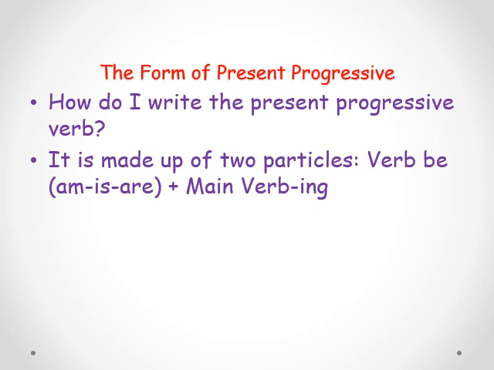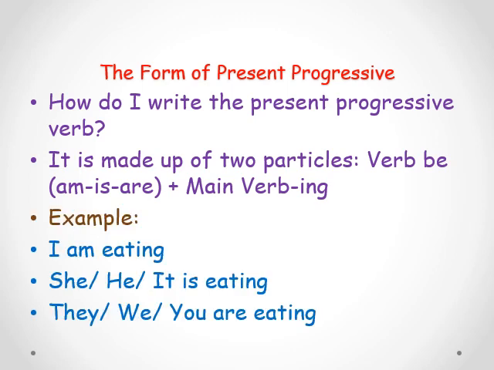So I say it's a verb phrase that is made up of two particles, verb be in present, in addition to the main verb with ing. Example, I am eating, he, she, it is eating, pronouns they, we, or you take are eating.